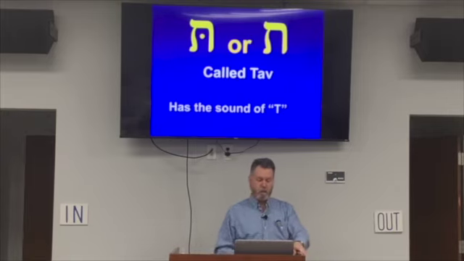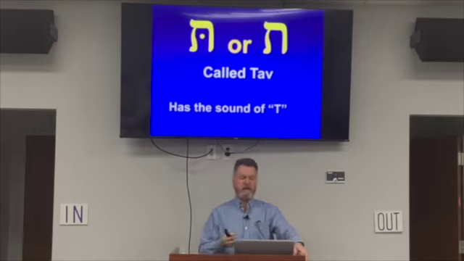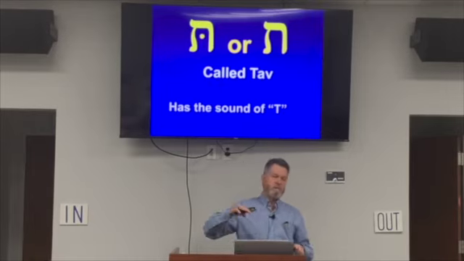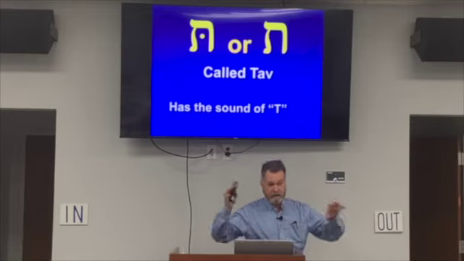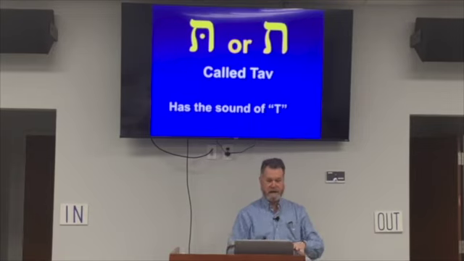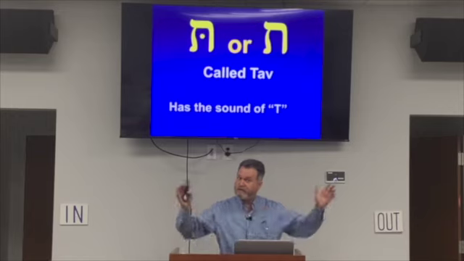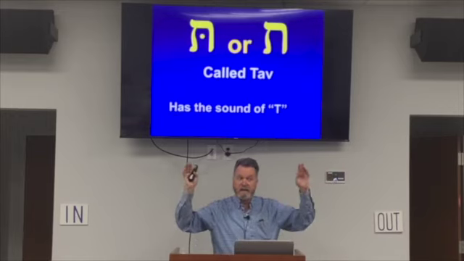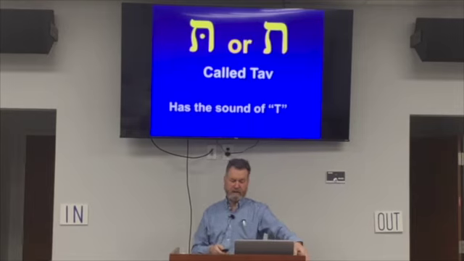With the T, we're not going to change the sound. Now, there are other groups that do change the sound, and that's why some people say Shabbat and others say Shabbos. That's where the Hebrew letters pronounce slightly differently. But we don't have that problem because this class is called Hebrew Made Easy. So we don't have to concern ourselves. Always a T.